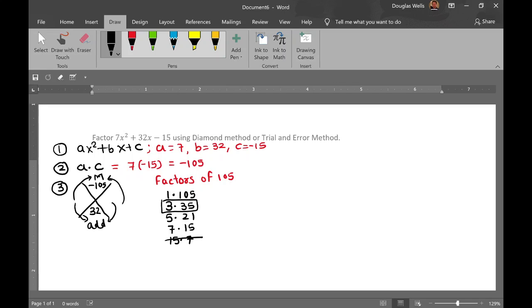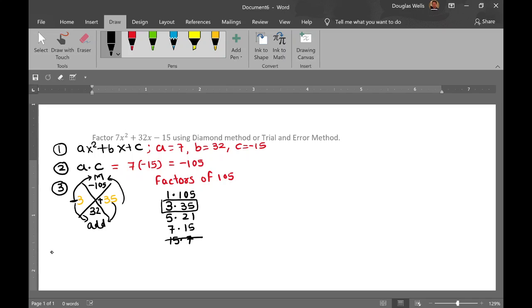Why? Because when I use 35 and 3 up here, 35 will take the positive sign from the B. So 35 will take the positive sign and 3 will take the negative sign. When you add them, you get 32. When you multiply, you get negative 105.